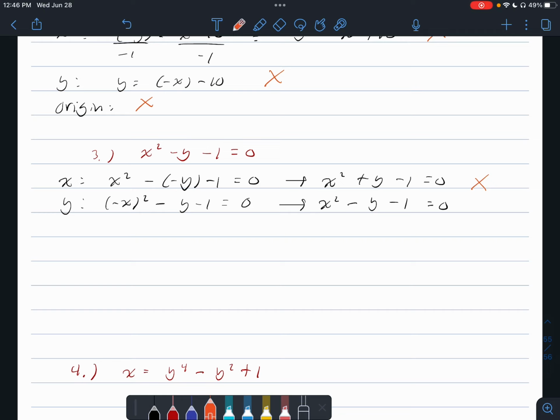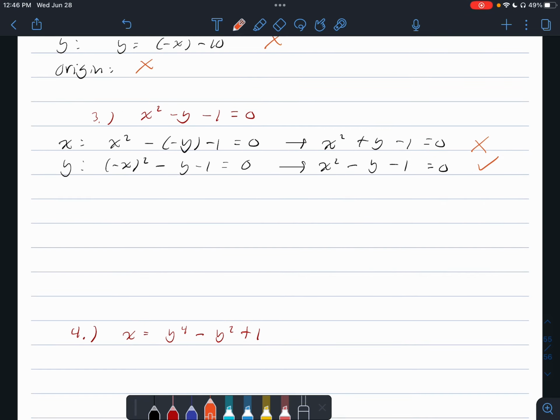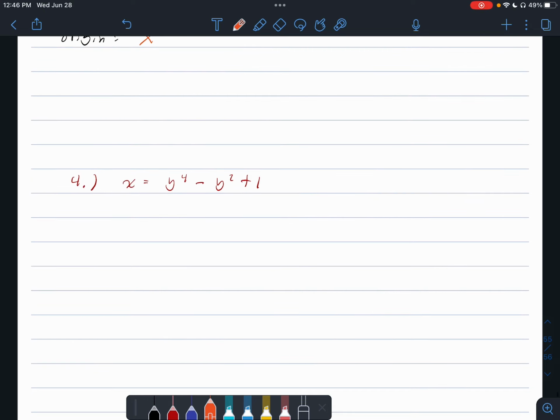And therefore, this works. So it is symmetric with respect to the y-axis. And because we can't replace x with negative x and y with negative y, it is not symmetric with respect to the origin. So it is symmetric with respect to the y-axis.